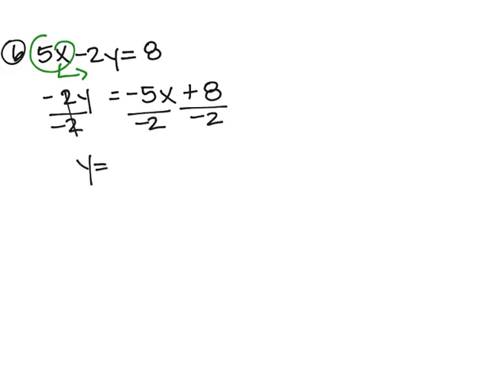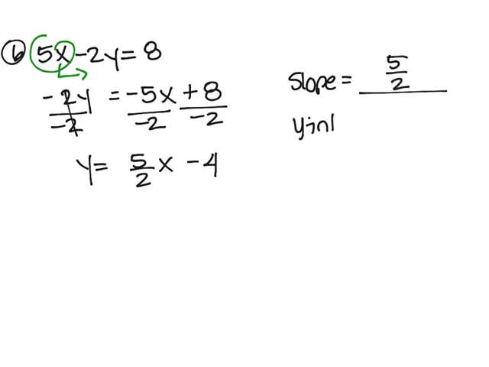So y equals, those two negatives make a positive, 5 over 2x, and 8 divided by negative 2 is a negative 4. So in the slope blank, you should have the slope as 5 over 2. And in the y-intercept blank, you would have negative 4.